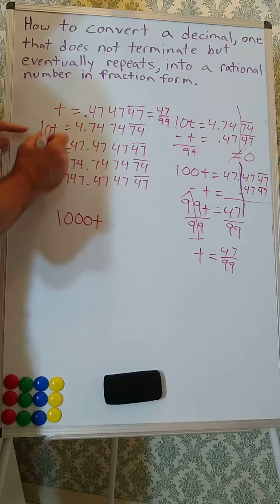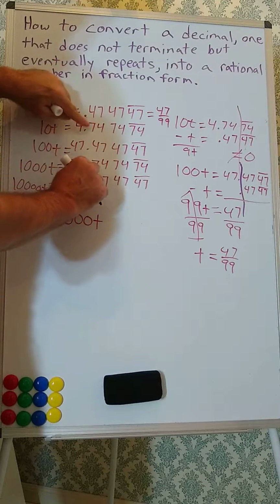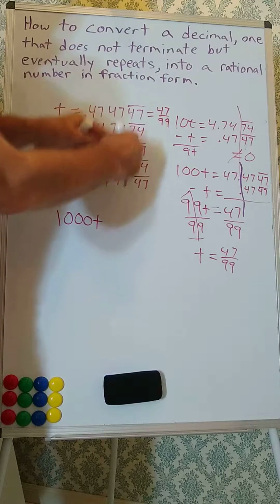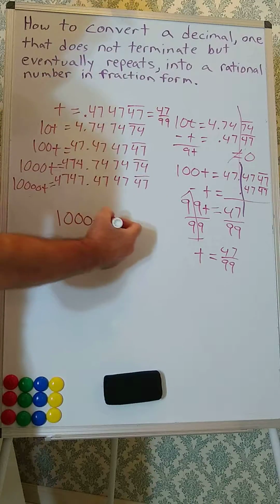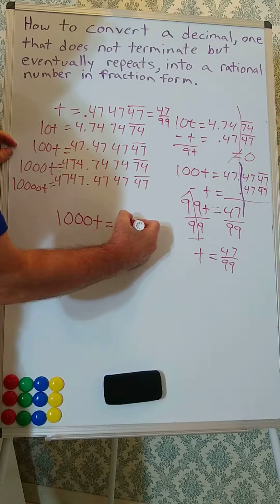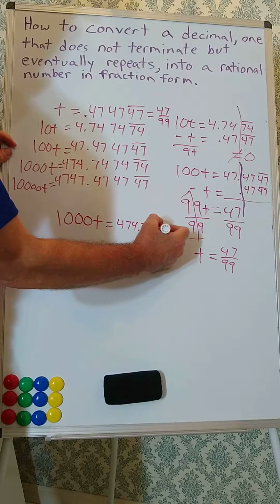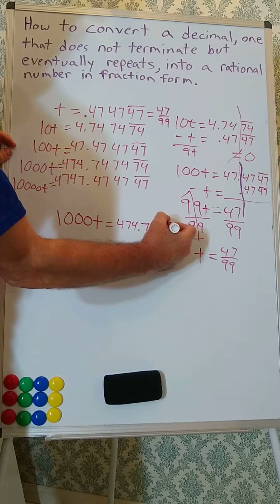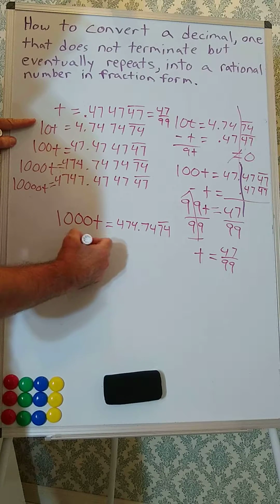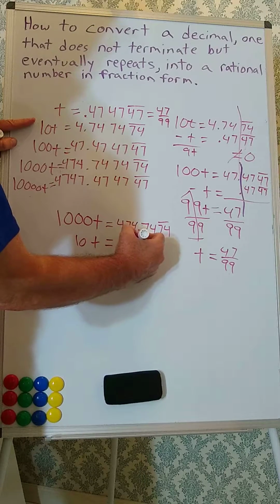So I'm going to do 1000t minus 10t, and I see here that the place values are all the same. So when I subtract, I will get rid of the repeating part. It will be 0. So 1000t is 474.7474 repeating, and 10t is 4.7474.